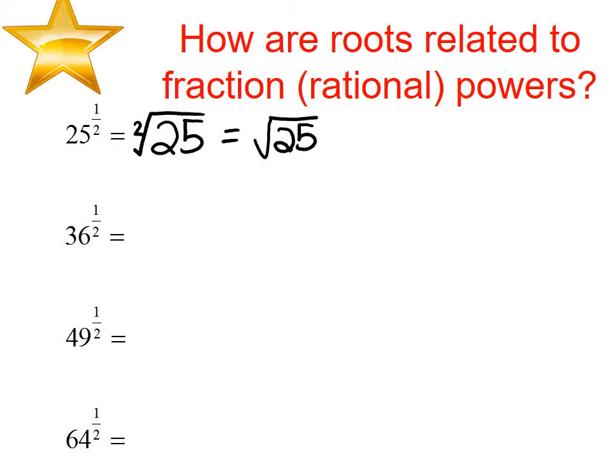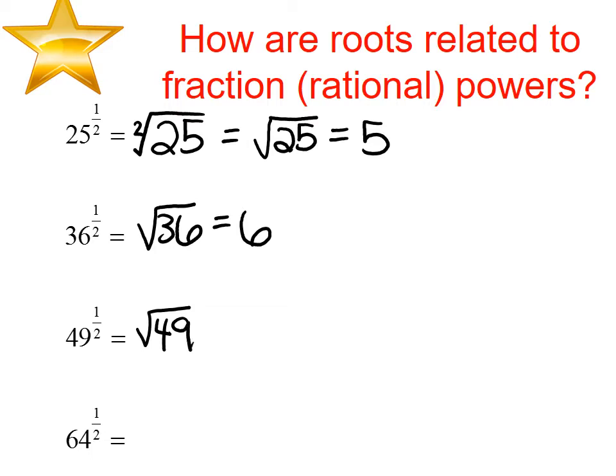We often just see it as radical 25, which in this case would be 5. All of these are going to be to the 1/2 power. Therefore, they are all going to be square roots. So if you notice, to the 1/2 power is the same as a square root with an index of 2.